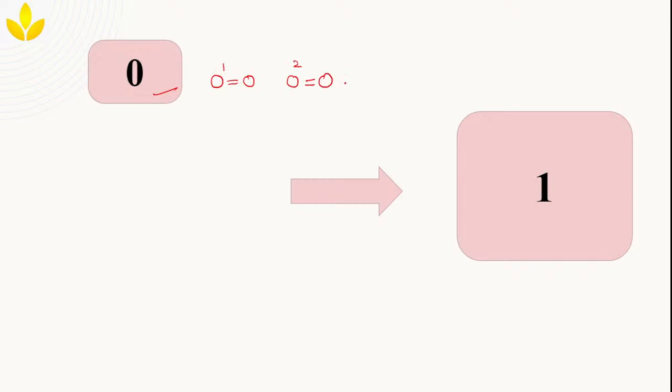I am getting 0. 0 power 3, I am getting 0. 0 power anything, 1, 2, 3, 4, I will get 0 only, right? So this is what we call cyclicity. Now, what is this cyclicity? After the first power itself, the last digit, which we are talking about, is again 0, okay?